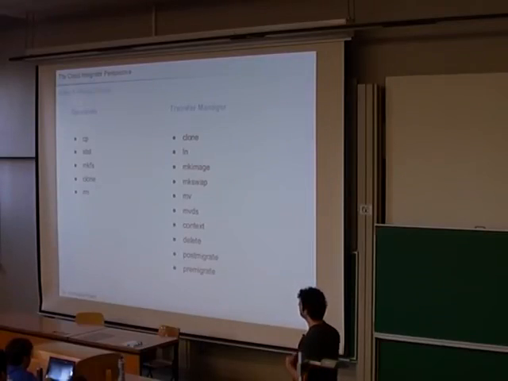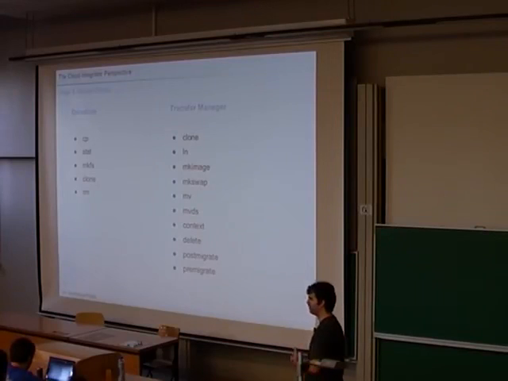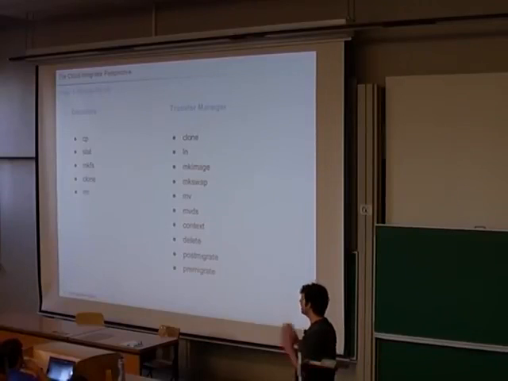In OpenNebula, we have a separate set of drivers. We have divided the image storage drivers into two logical sets: the datastore drivers and the transfer manager drivers. Datastore drivers are the ones that take care of putting the file in the equivalent of an object store. So if you want to use an image within OpenNebula, you have to register the image, and it will go to an object store or a file system or whatever it is. Those are the scripts on the left.